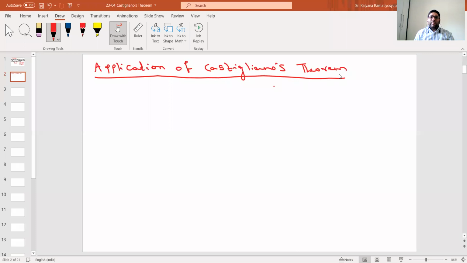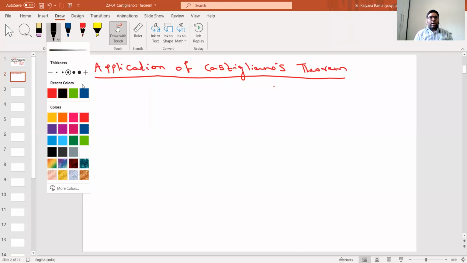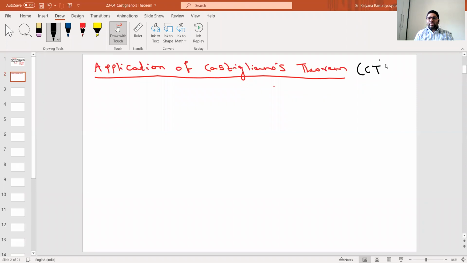When we see the application, let us see where all we can use it. Let me put it in shortcut terms as Castigliano's theorem as CT, for better writing purposes.